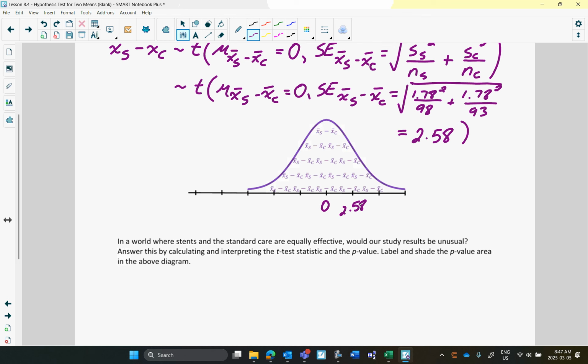I think I may have done it wrong. 1.78 squared divide 98, plus 1.78 squared divide 93. No, sorry, I typed that in incorrectly. It should be 0.258.